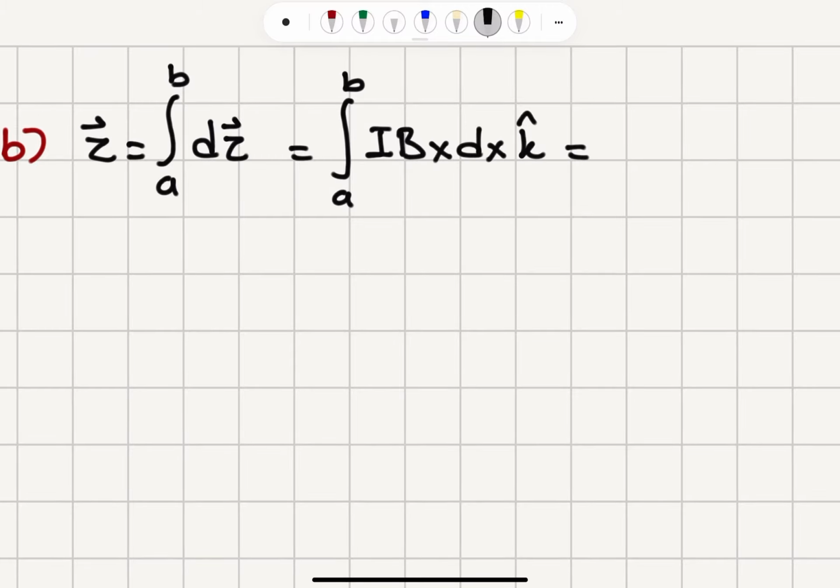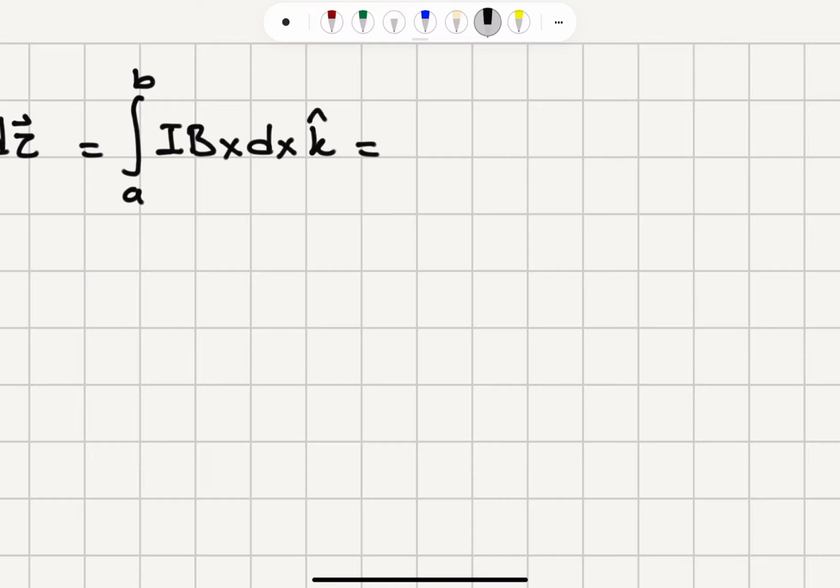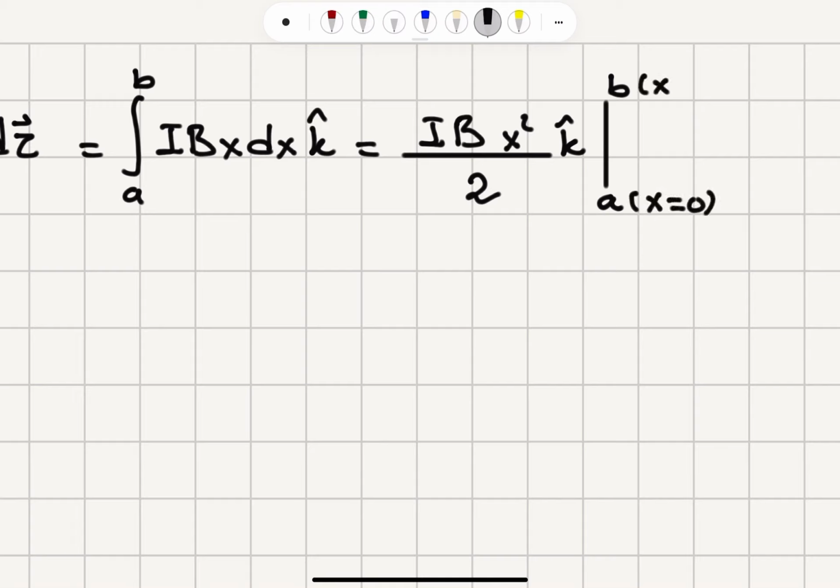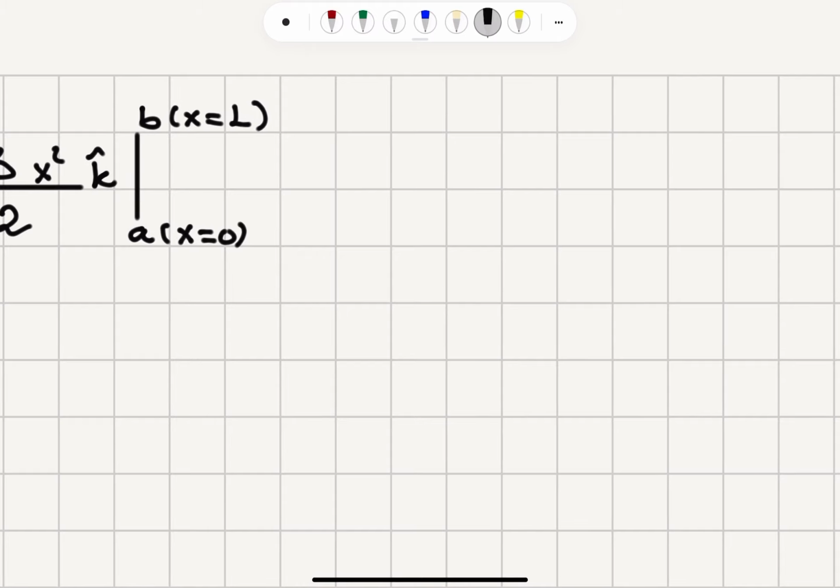The integral of x dx is x squared over 2, so I will have I B x squared over 2 in the k hat direction, evaluated between point A and point B. Point A basically means x is equal to 0. Point B means x is equal to L. So this is basically going to give me the final answer for the torque.